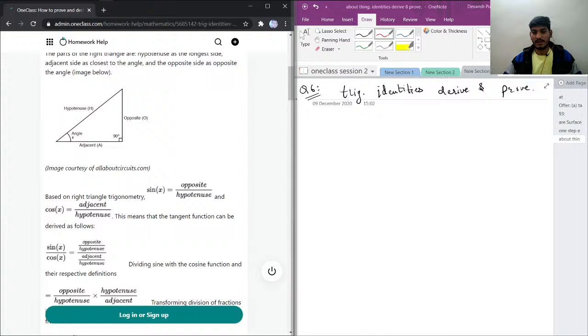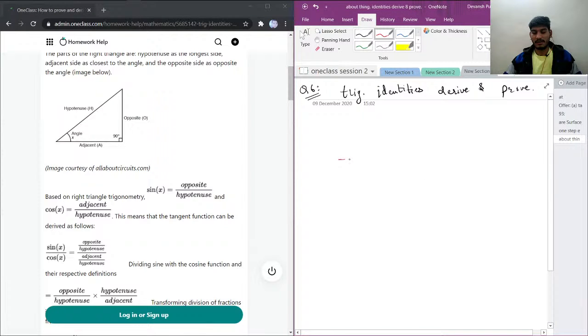So suppose we have a right angle triangle, and let's say this angle as theta, and this is hypotenuse, this is opposite side, and this is adjacent side.